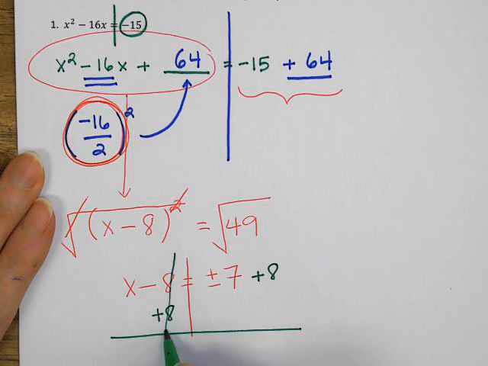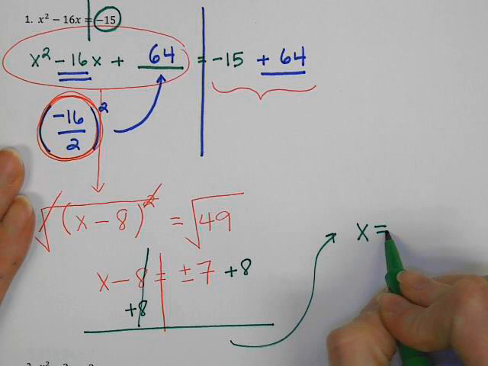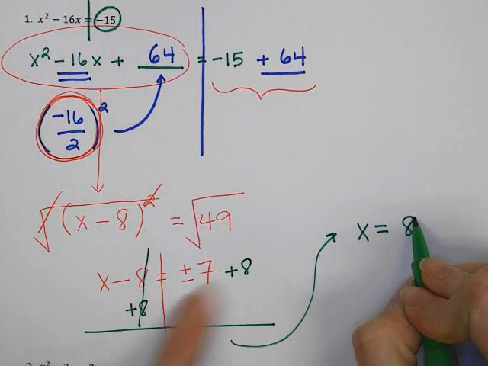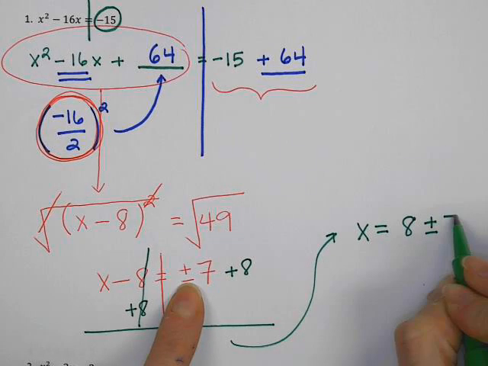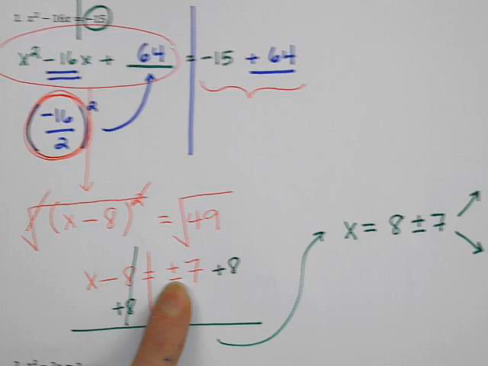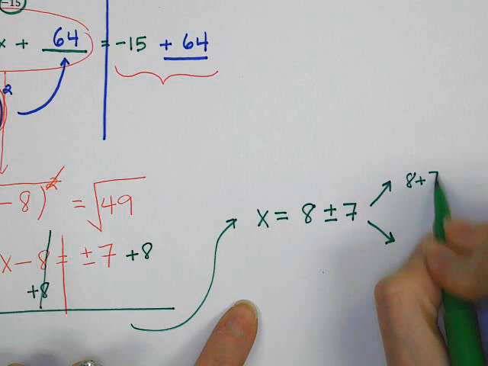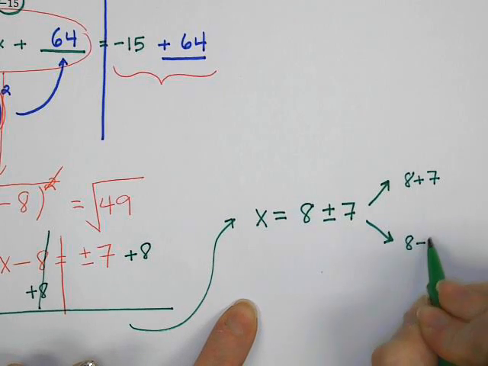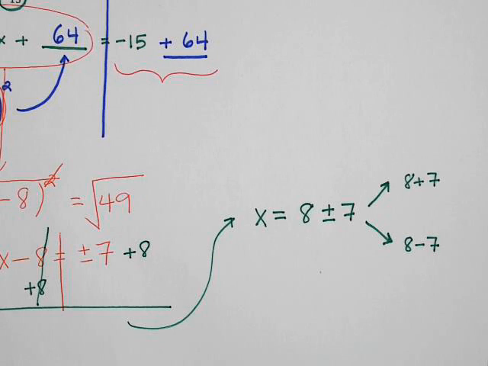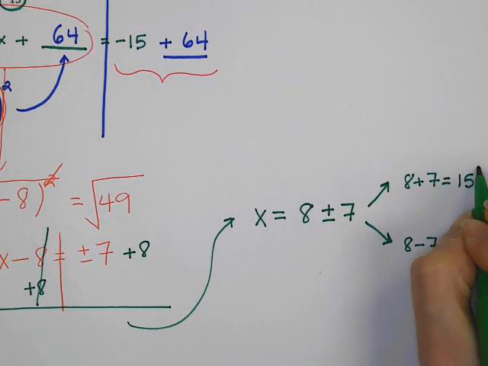All right, let's get our answers. I'm going to finish this over here if there's room. We have x equals, all right, you got to take the 8 plus or minus the 7. So that's going to give us 2 answers, right? One of them's going to be the 8 plus 7, and one of them's going to be the 8 minus 7. 8 plus 7 is 15.